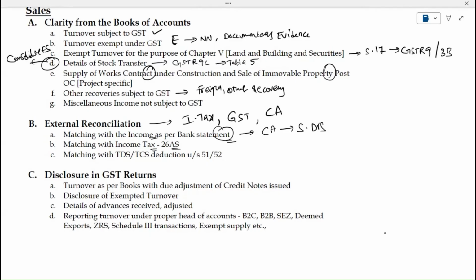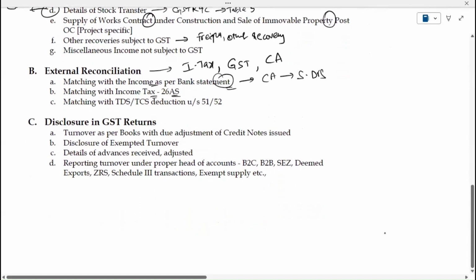Now, this information will be called for matching my turnover for 12 months. So all 12 months data I have to verify. This is crucial, where I download this TDS credit form every month. My turnover as per Form 3B, both should match. If not matching, I need to prepare a reconciliation statement and keep it ready to explain to the GST officer.